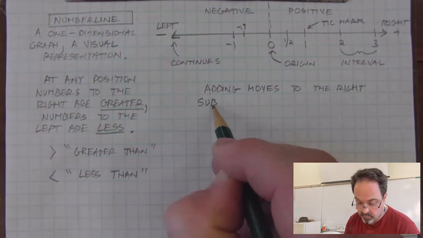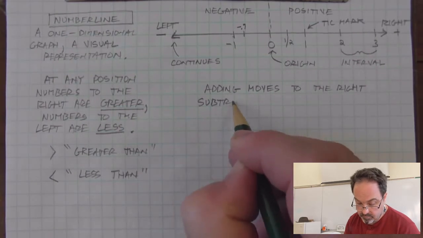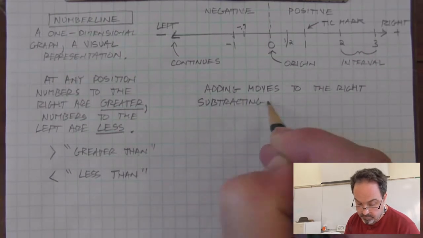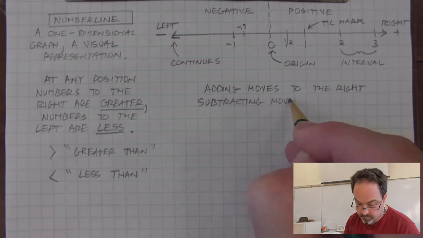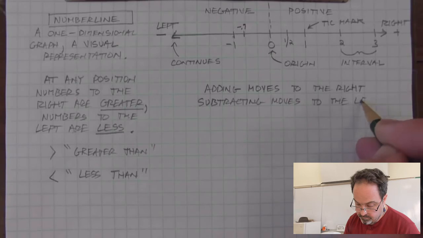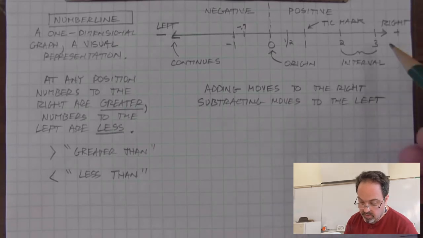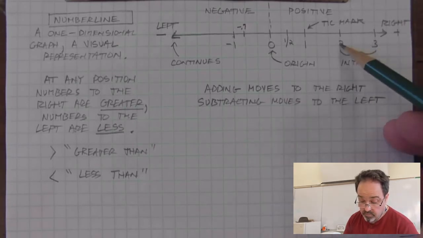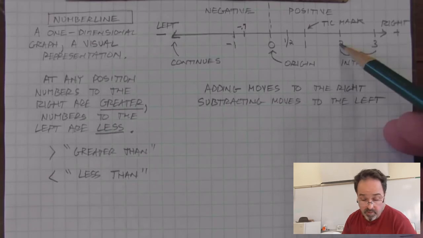Subtracting moves to the left. If I was at 2, I could show subtraction by moving from 2 to the left.